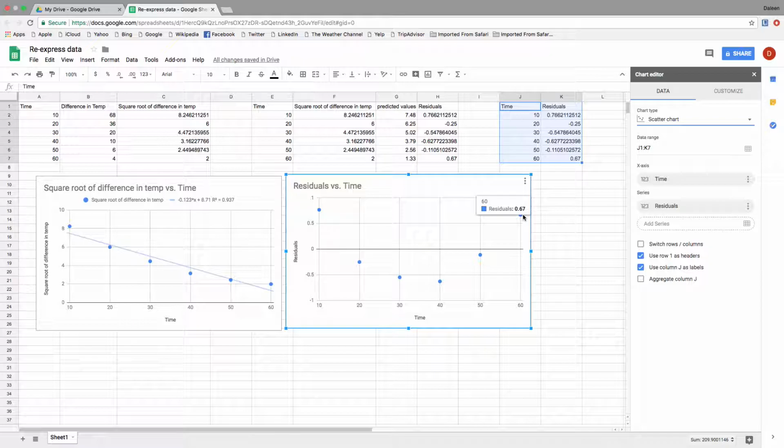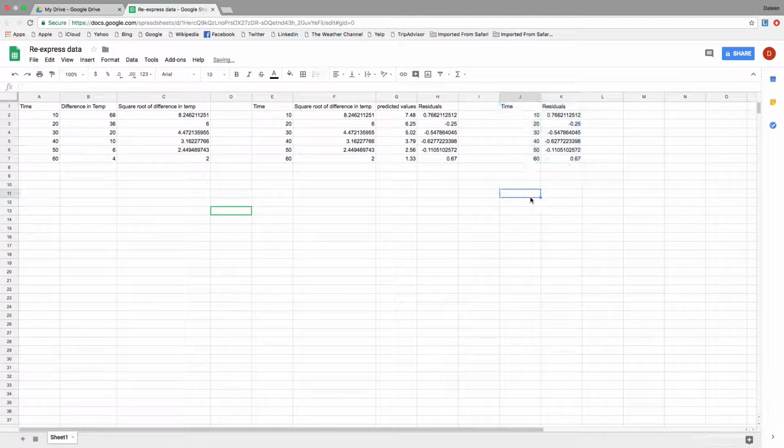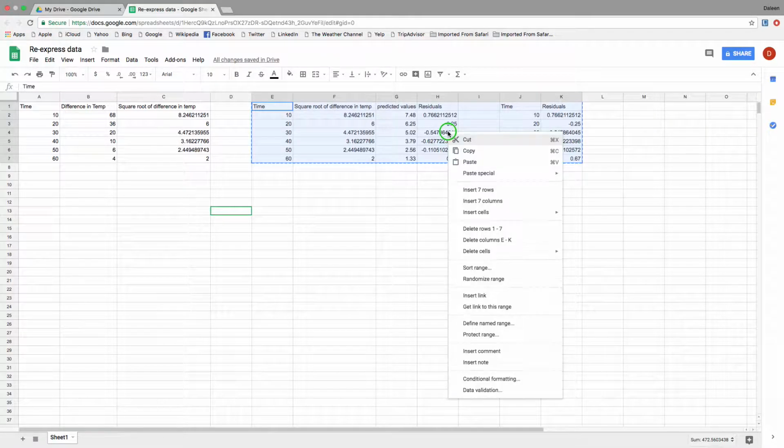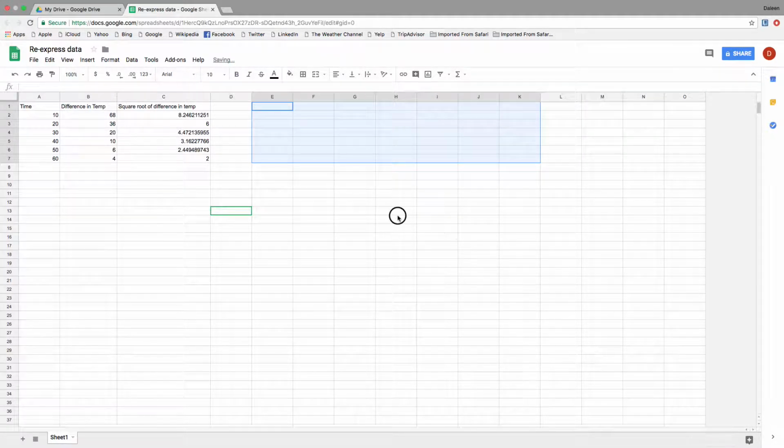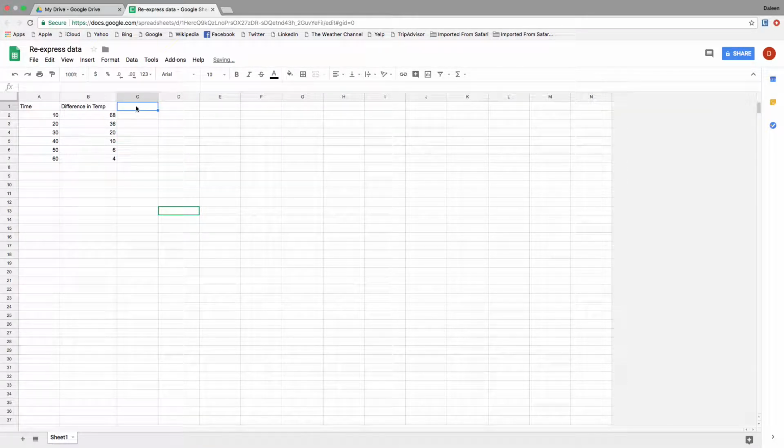So I'm going to climb down the ladder of powers again, and I'm going to try the logarithm. So I'll delete all of this. Instead of the difference in temperature, now I'm going to take the logarithm of the difference in temperature.